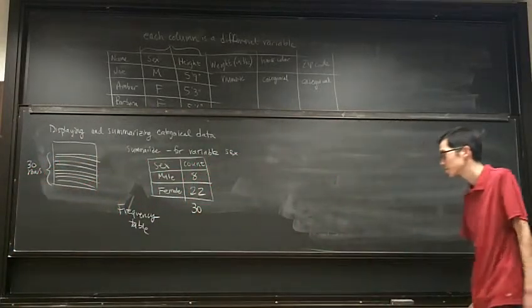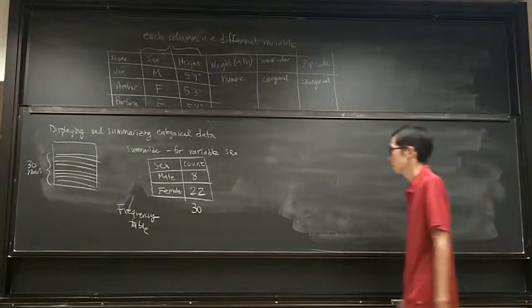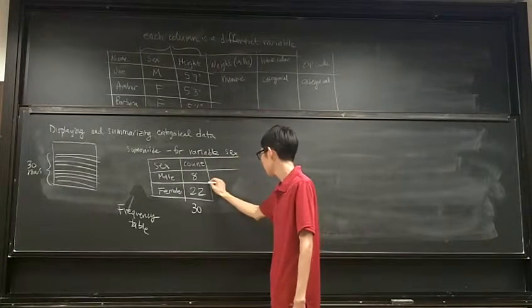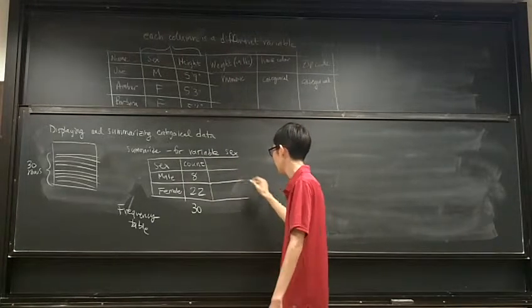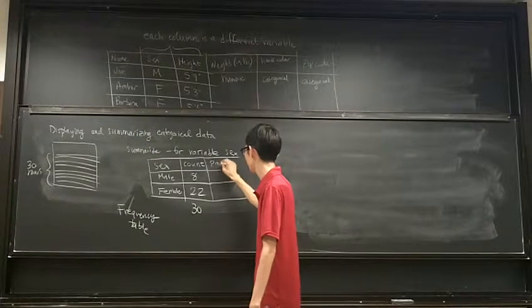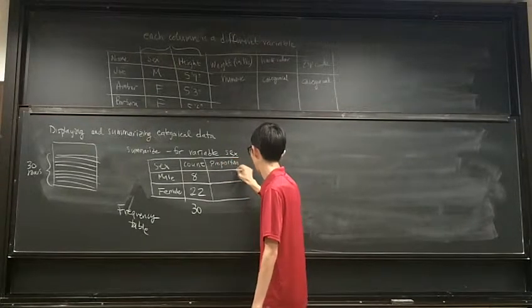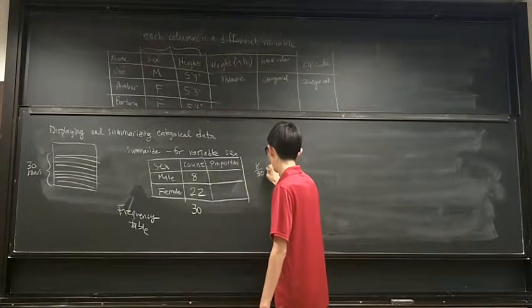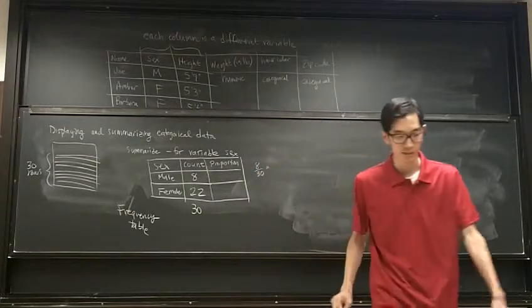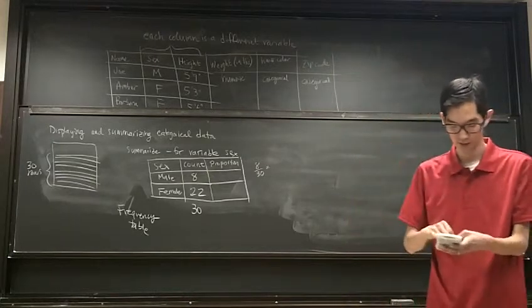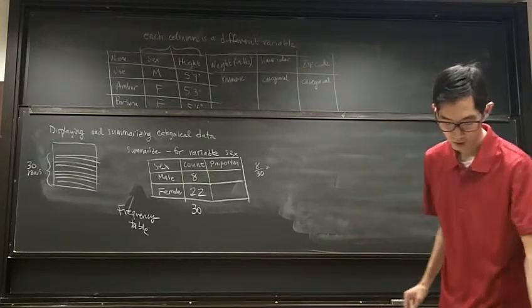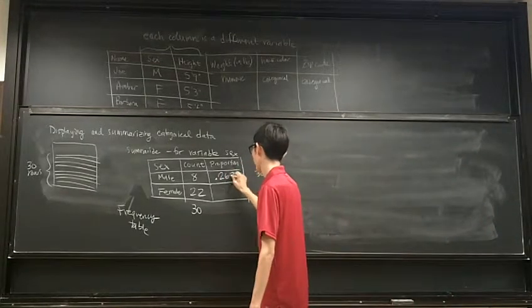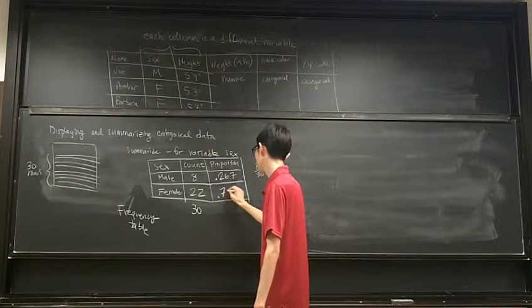Something like that. Okay. Sometimes we add another column, and we will say proportion or percentage. And so we do 8 divided by 30. 26.7%, okay, or 0.267, which means this is going to be 0.733.